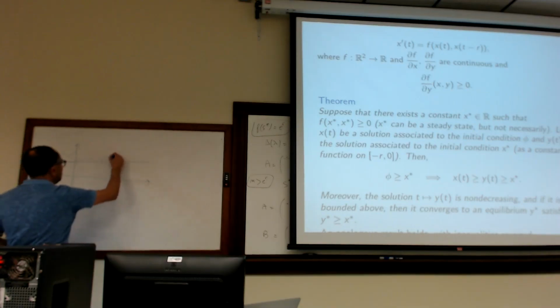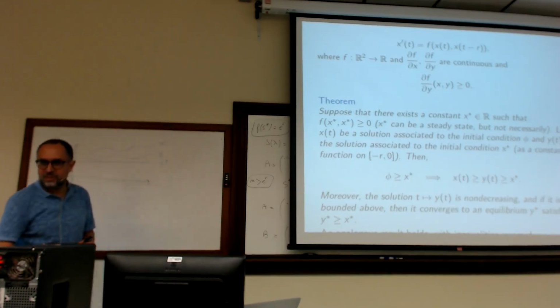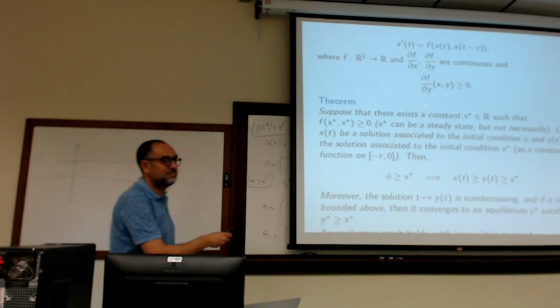If not, it will be like this, and the other one is bigger. This is x, this is y, x star. Okay, the only condition is this, under this condition.